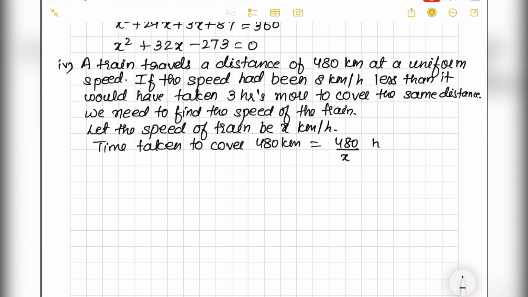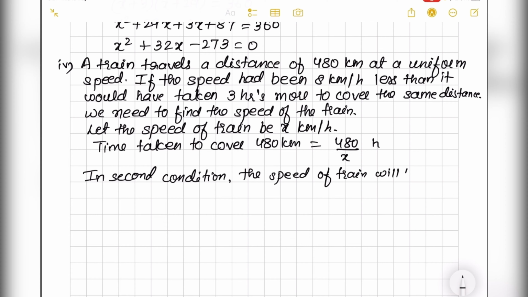Now in the second condition, it says the speed of the train will be reduced by 8 km. So I can say x minus 8 km per hour.